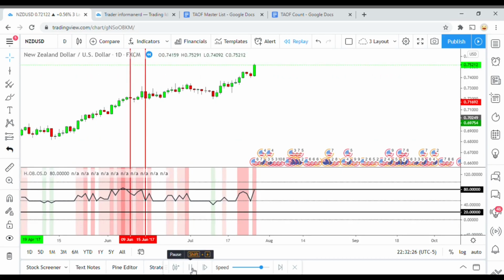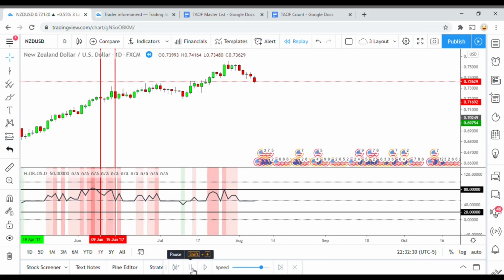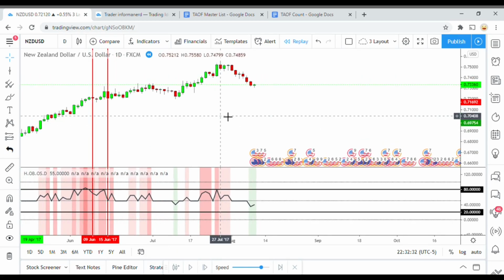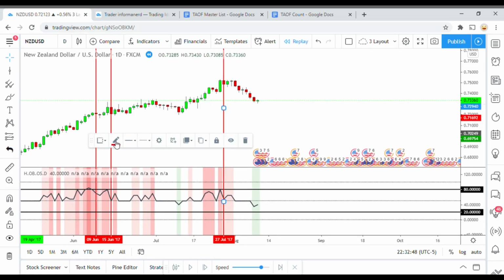Watch every time that it just goes completely flatlined. You can see that, I guess not every time, because here's an instance where it goes flatlined and there was a decent movement happening in the market right there, but at that point we would have actually been in a trade right here.